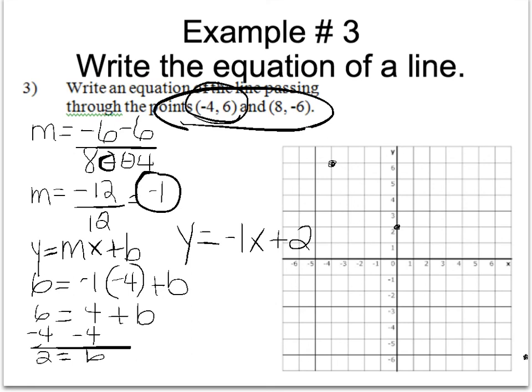And since the slope is -1, I know I'm going to go down 1 over 1, down 1 over 1, and so on. And so I have all the points that I can possibly graph to get me an even straighter line. And that line has the linear equation y equals -1x plus 2.